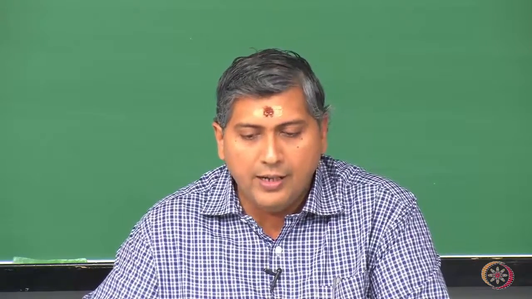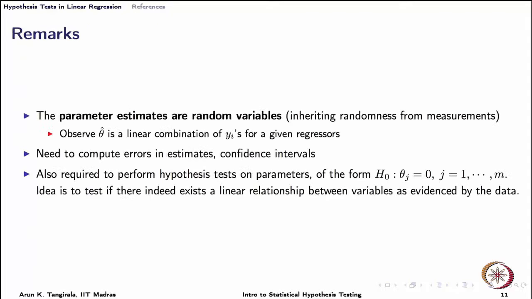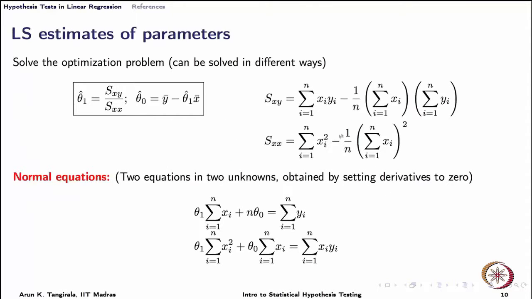Now, let us look at, for example, the variance of theta 1 hat. The expression is sigma square over Sxx. What is sigma square? It is the variance in epsilon, which I have no control over. It depends on the process and the sensor. Sxx is something that I may have control over if I am performing the experiment. What is Sxx? It is sigma xi square minus 1 over n times sigma xi the whole square.